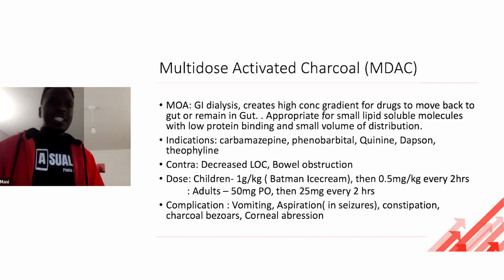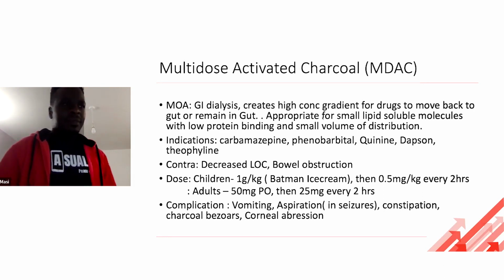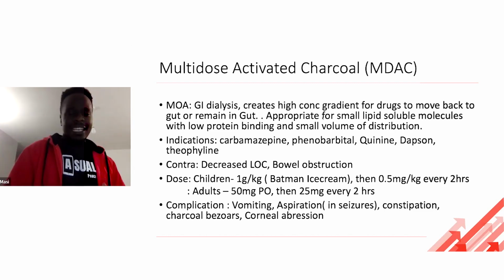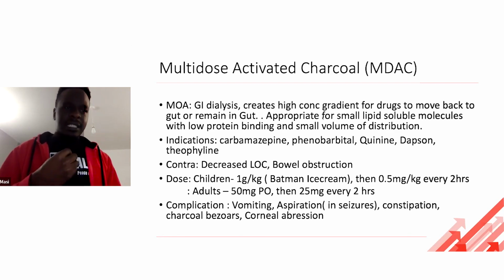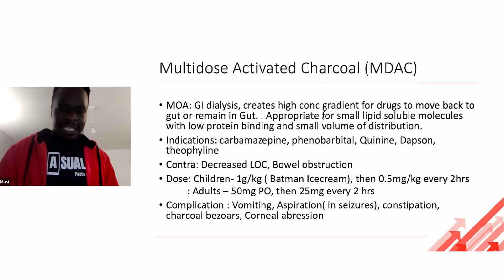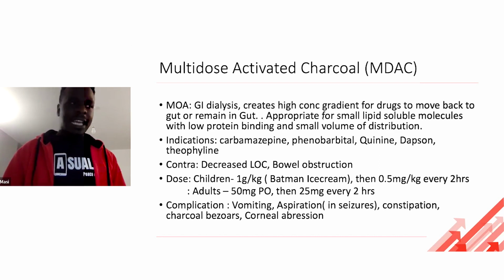Remember, activated charcoal essentially works by using the gut mucosa as a dialysis tool. It creates a high concentration gradient in the gut and helps resorb the toxin back. Now it takes into consideration the pharmacokinetics of this particular toxin, because some cannot be removed like that.